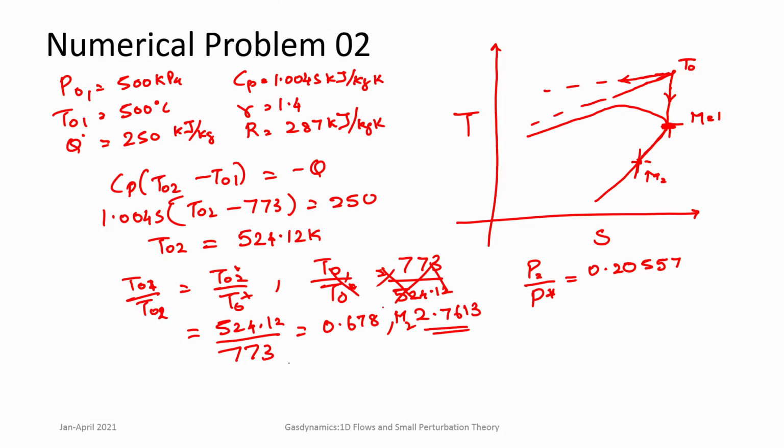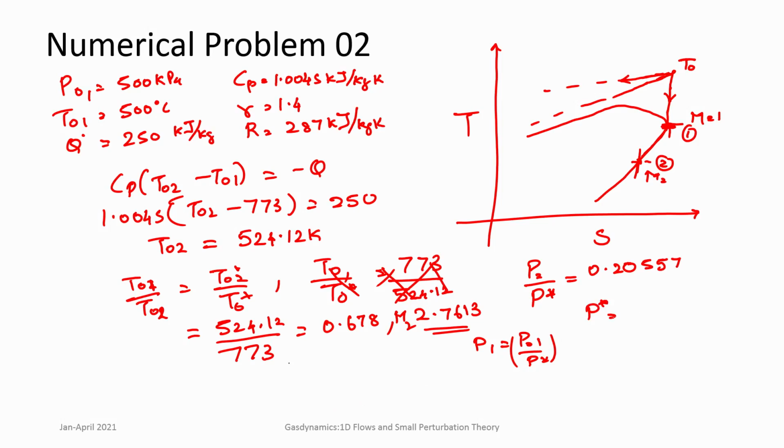So, we need to find the static pressure at this particular point, at point 1, and this is at point 2. We know it is Mach number 1, and the stagnation pressure is given. From there we can find, using isentropic relations, P1 is nothing but P01 by P star. From there we can find out what is this pressure.